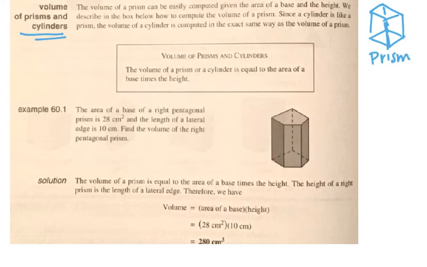And again, a cylinder has rounded edges. So picture those being perfect circles. So we are going to find the volume of both of these types of objects.